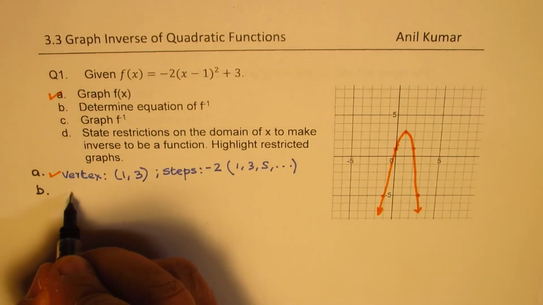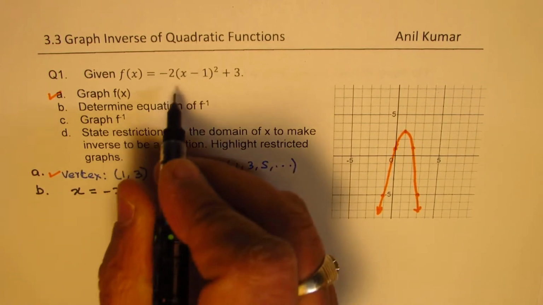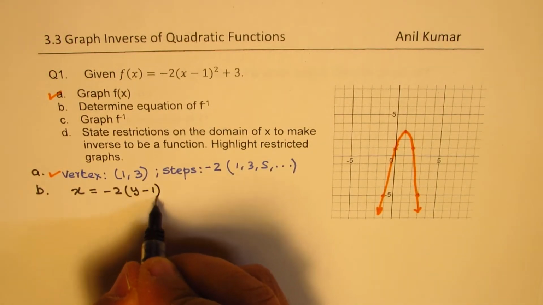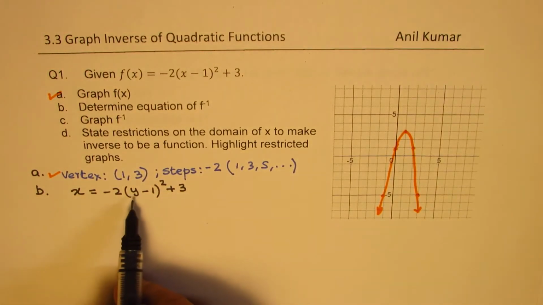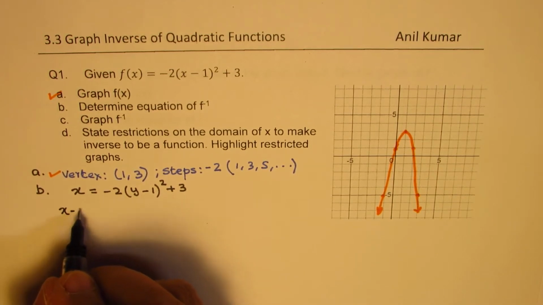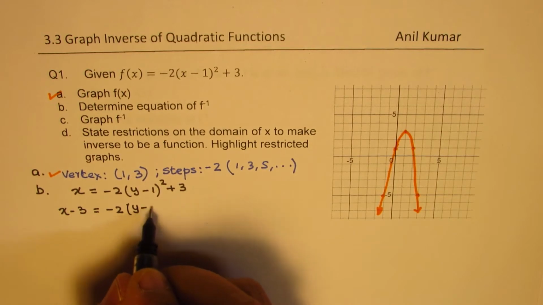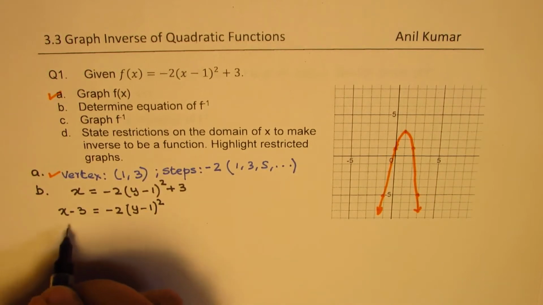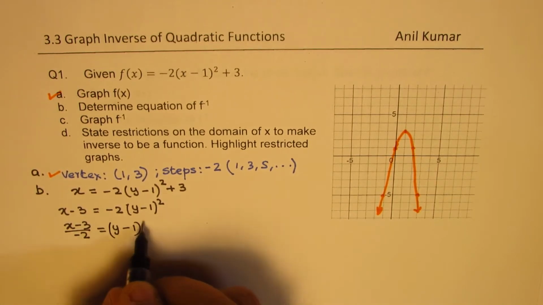We'll write this as x equals minus 2 times y minus 1 whole square plus 3, replacing x with y. Now we need to isolate y. So we'll first subtract 3. So we get x minus 3 equals minus 2 times y minus 1 whole square. Divide by minus 2, so we get x minus 3 divided by minus 2 equals y minus 1 whole square.